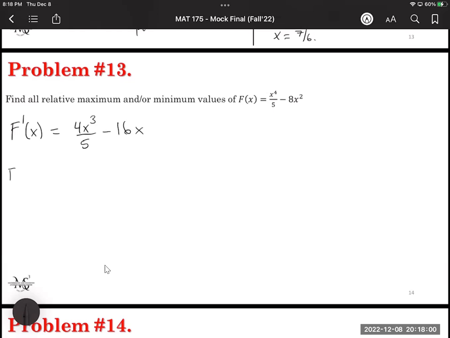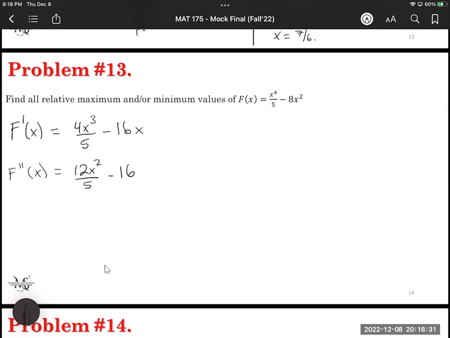Now let's get our second derivative, f double prime of x. Well, what will be the derivative of 4x cubed over 5? It should be 12x squared over 5 minus 16. That's right. You get 12x squared over 5 minus 16.